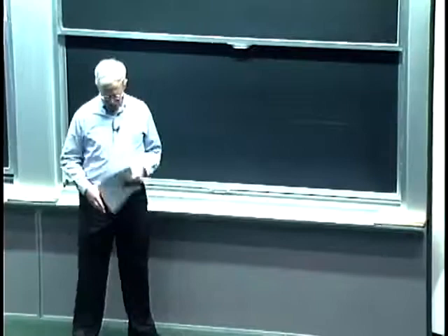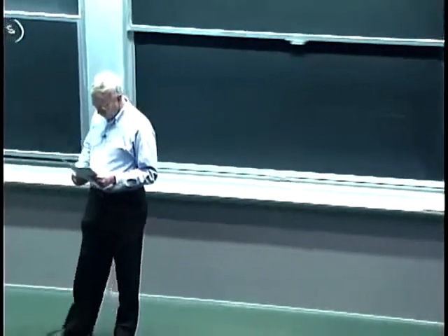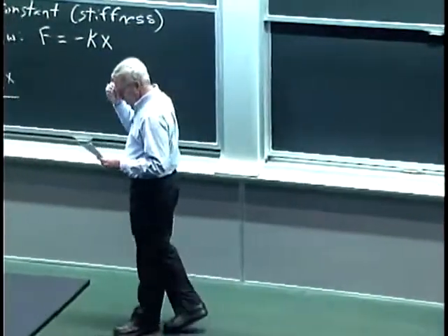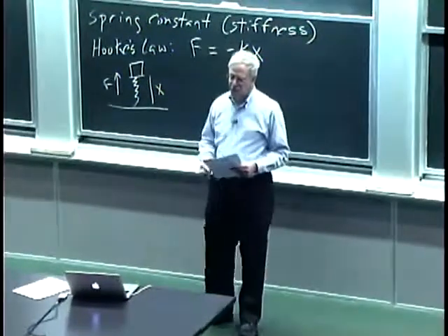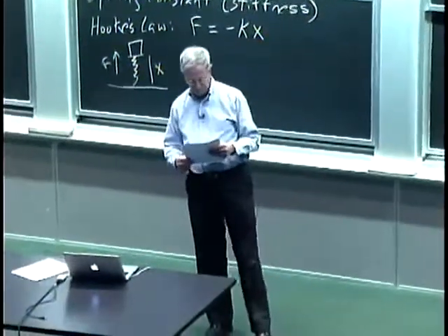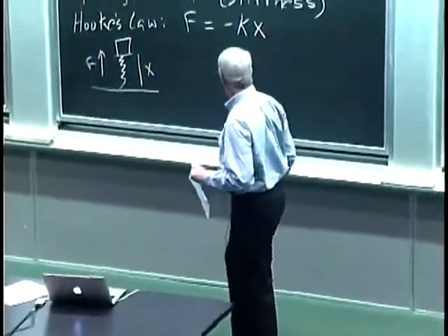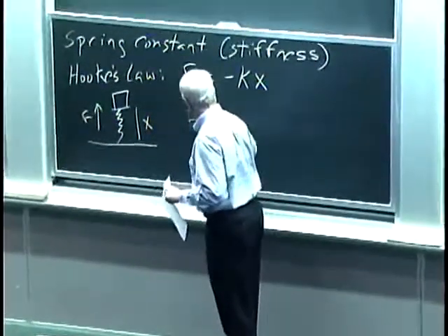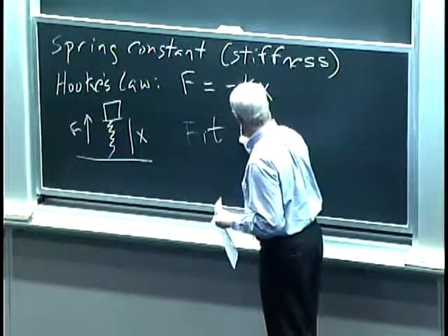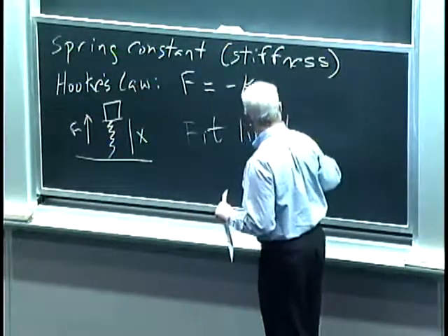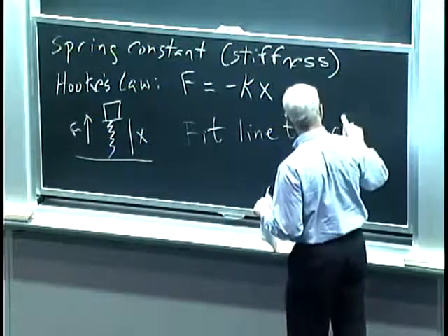So that raises the next question. What do I mean by finding a line that best fits these points? How do we fit, in this case, a line to the data?